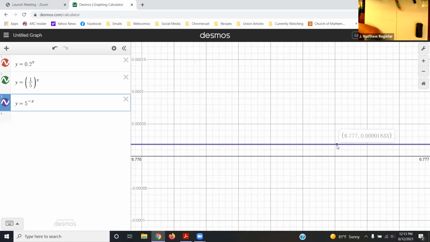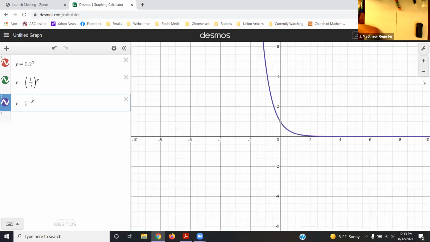And so you can see here that it's a very, very small difference. And so Desmos isn't able to compute that when you're in that zoomed out mode, because it's only going to approximate it to a few decimal spots. But it is going to always be just slightly greater than 0.